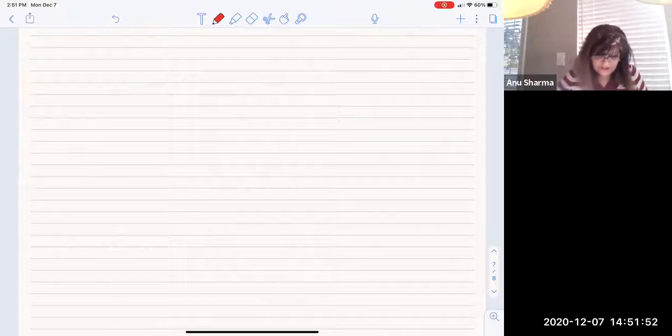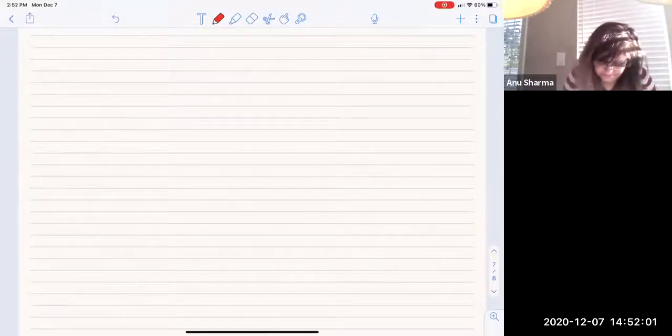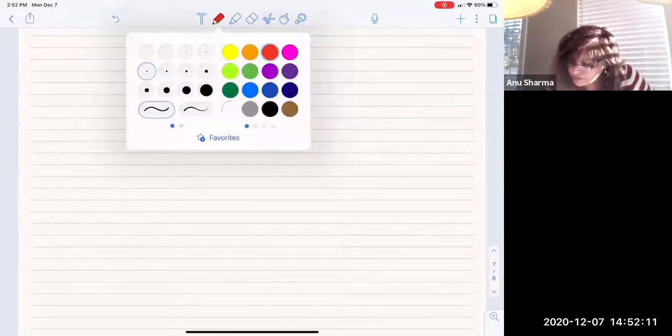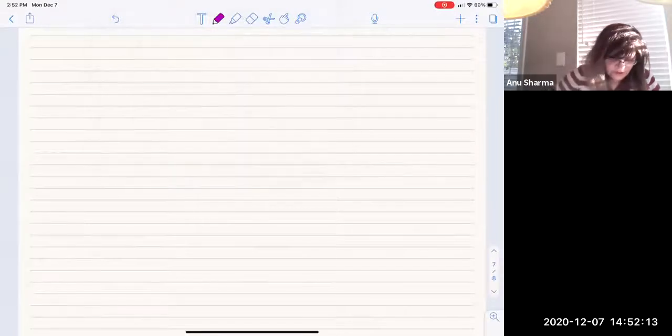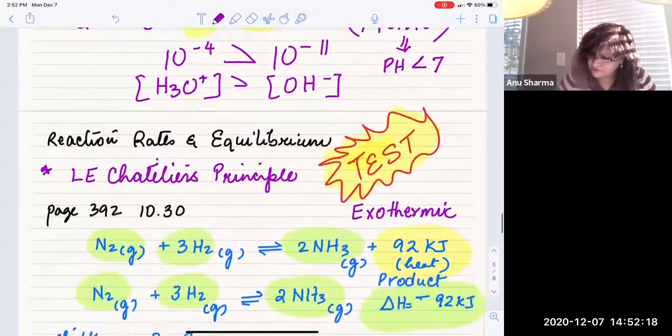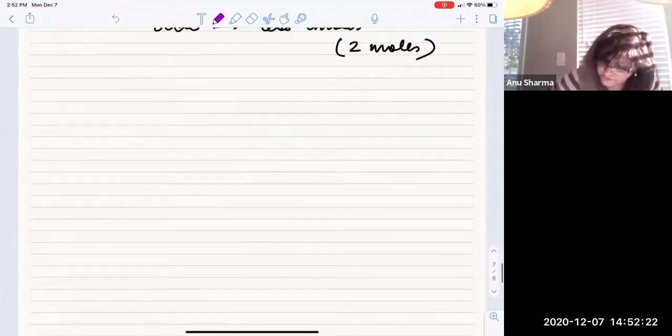All right, the next question is going to be on using the Kc value to find the equilibrium concentration. Okay, let's do this one. Using the equilibrium constant, number 3.